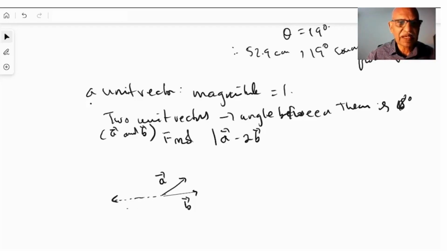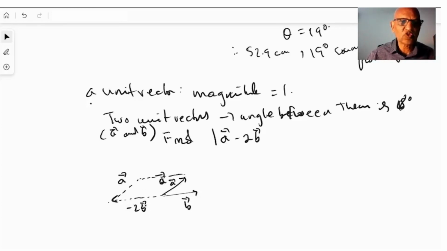This is minus 2B. I have A here, therefore I form my parallelogram here. So my vector will be minus 2B plus A. This is my A. A is here, this vector.